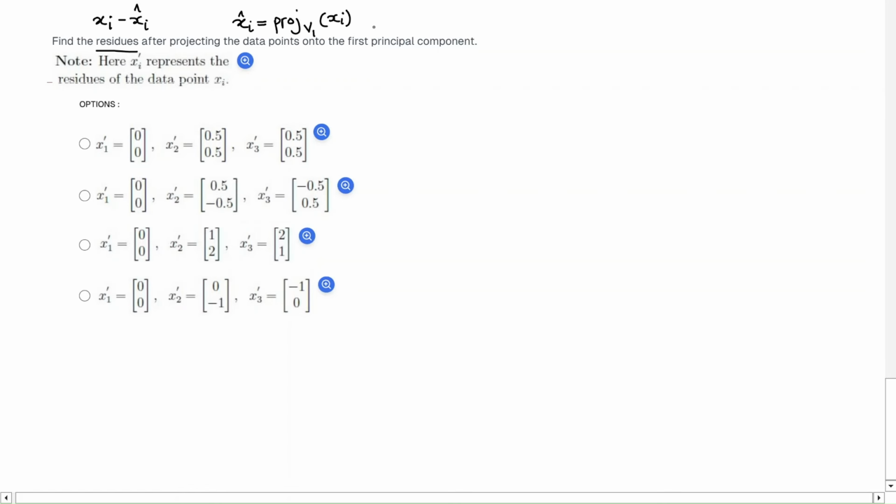Again, while projecting, you have to use the centered data points and not the uncentered data points. So the projection of x1 onto v1 is given by x1 transpose v1 times v1. Now this formula assumes that v1 is a unit vector. So assuming that v1 norm is equal to 1.